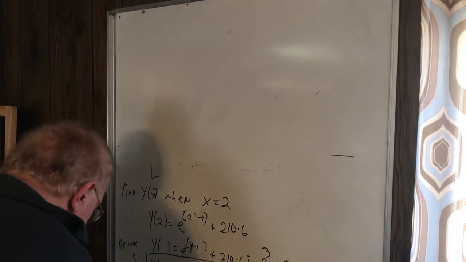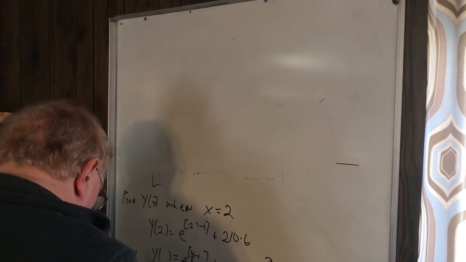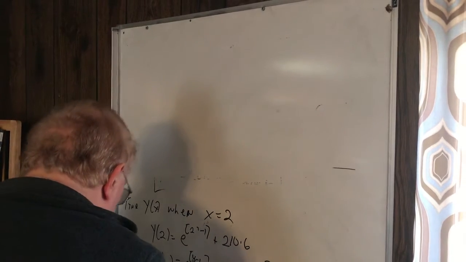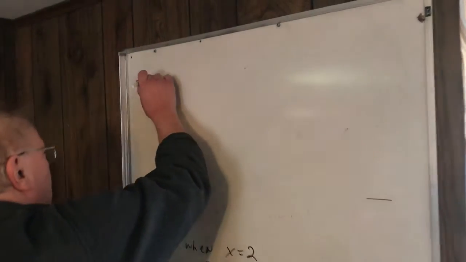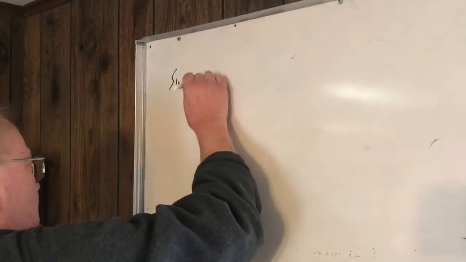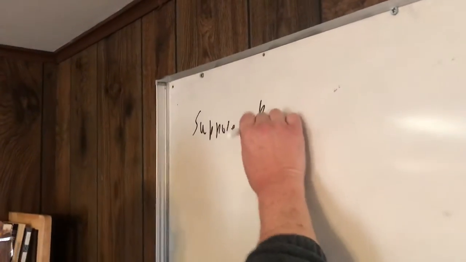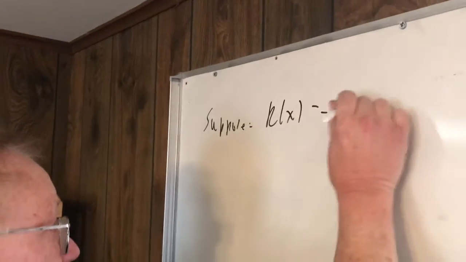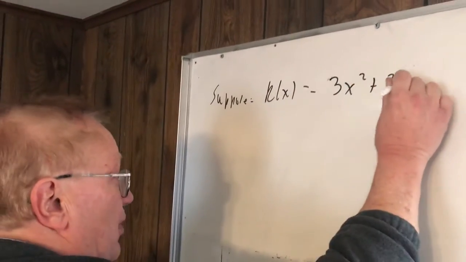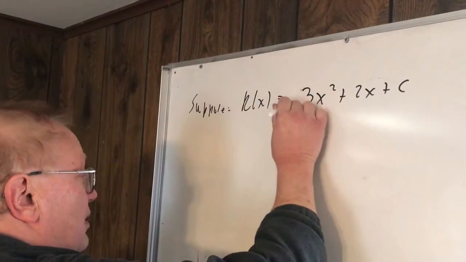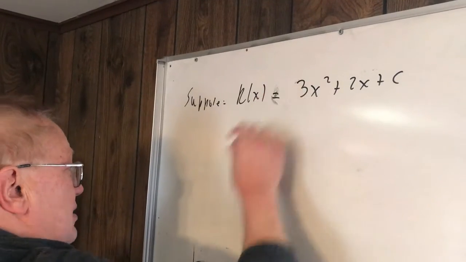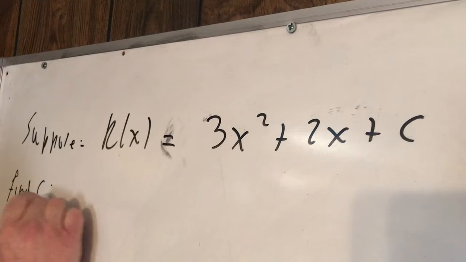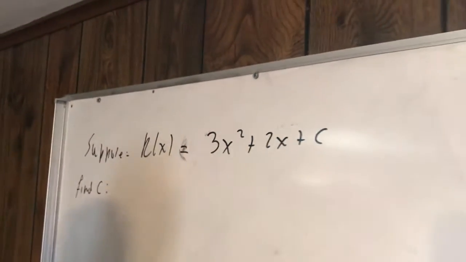Okay, so let's talk about some practical stuff. Suppose you have a function R of x equals 3x squared plus 2x plus C. You want to find C, and suppose they give you no other information.